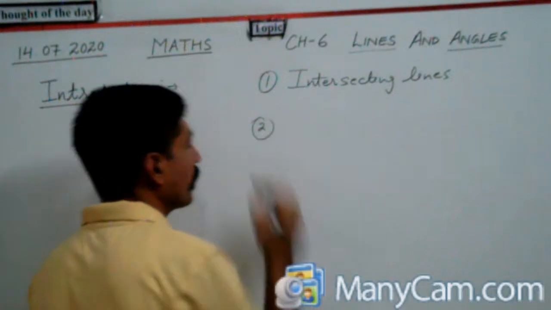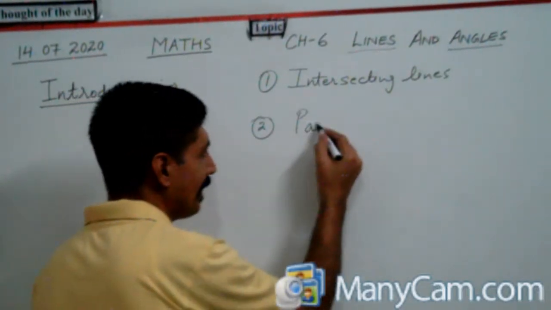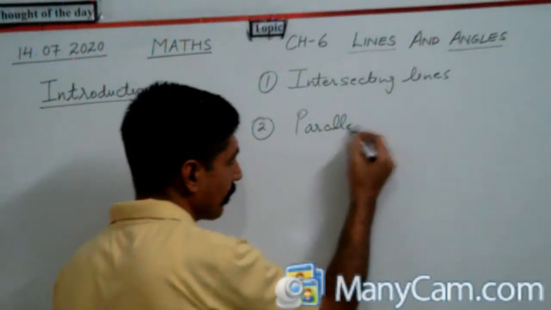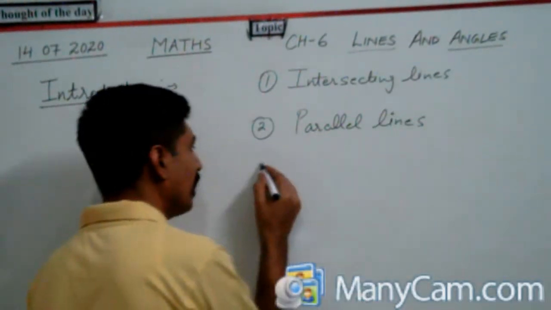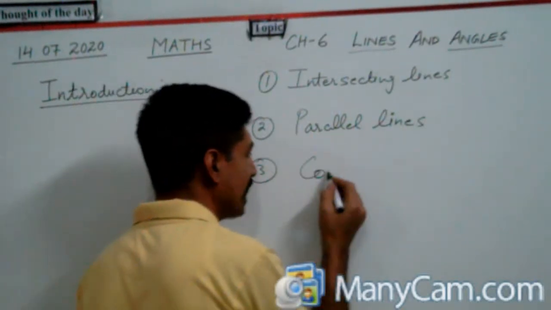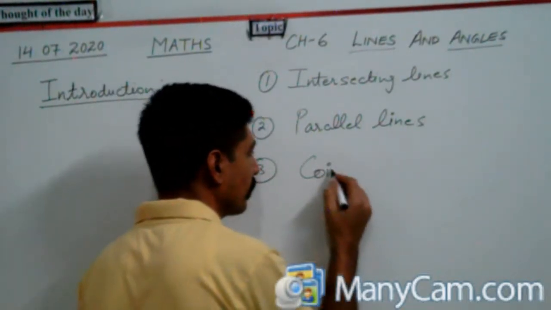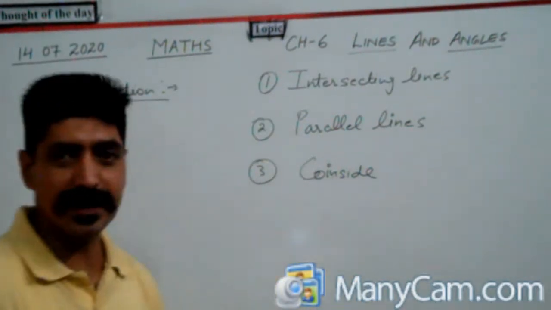Second, we can have parallel lines. And the third, we have coincident lines. The lines may coincide with each other, right?